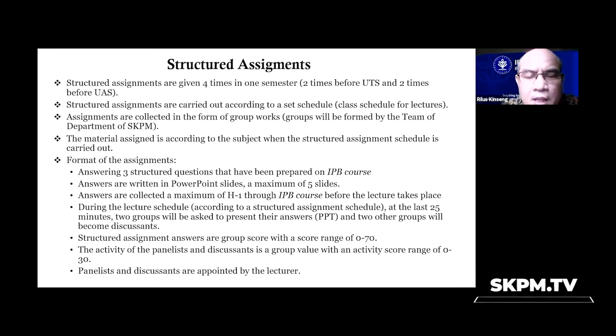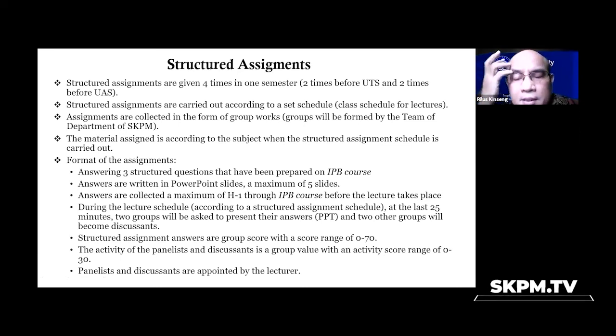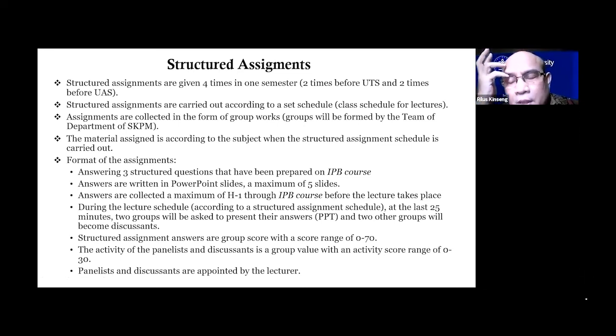The structured assignment answer is a group score with a score range of 0 to 70. The activity of the panelists and discussion is a group mark, with an activity score range of 0 to 30.